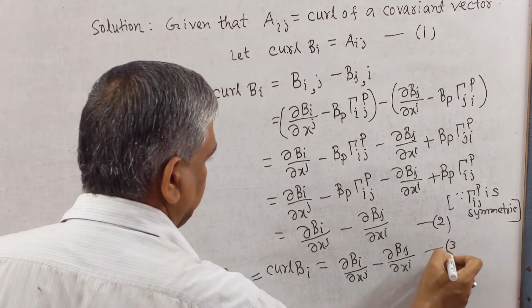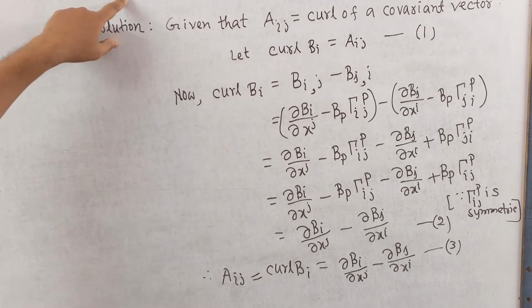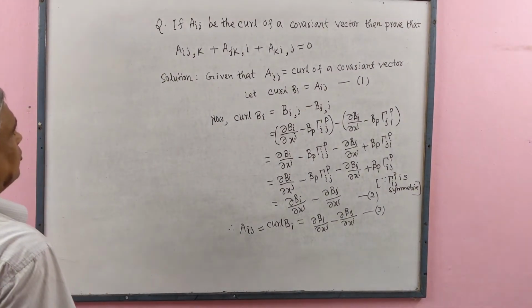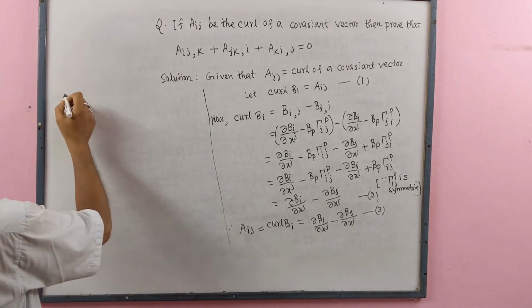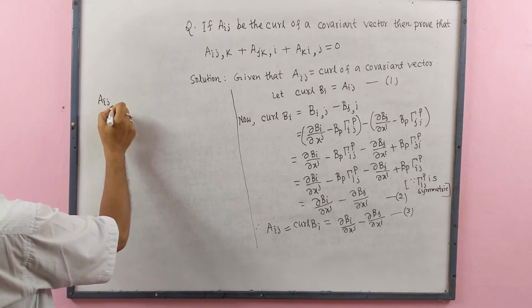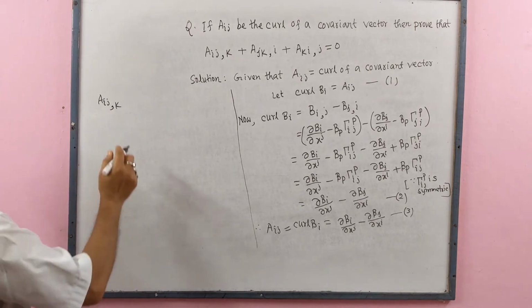Let this be number 3. Now we have to find a_ij,k. a_ij,k means the covariant derivative with respect to x_k.